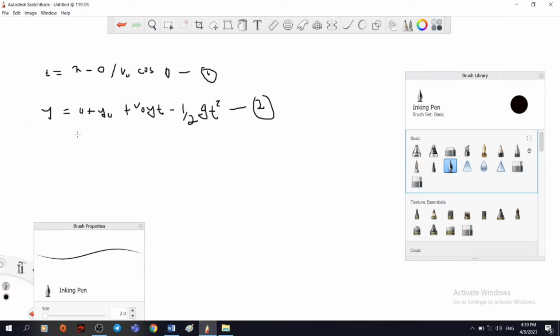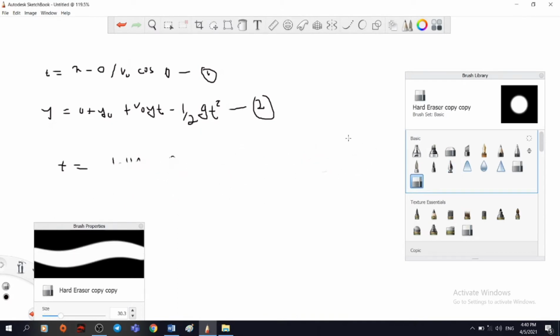So we insert the X value in the time equation: t equals 1.11 meter minus 0 over V cos theta. This is our first equation. So we insert this first equation into the second equation.